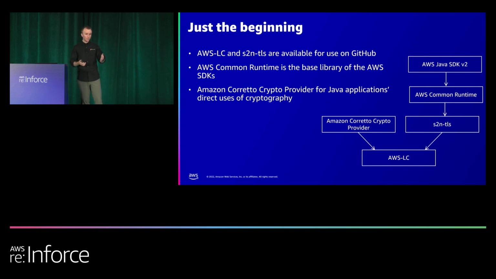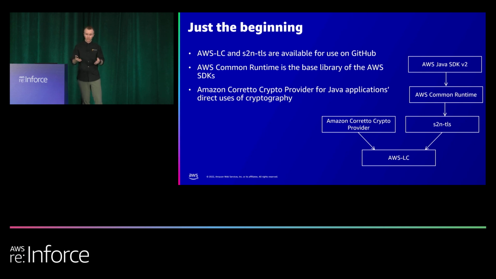But AWS-LC is also not just useful for AWS. We believe it's useful for you, our customers, client side. And there are actually already some existing ways you can use AWS-LC, such as with the AWS Java SDK. This is the existing Java SDK that you use when connecting to AWS.